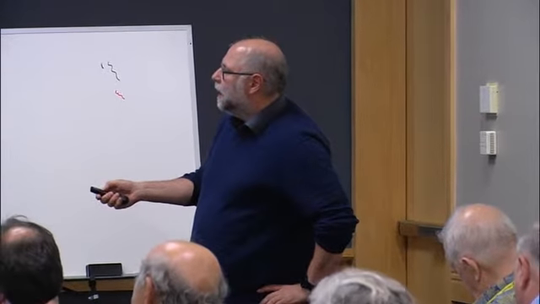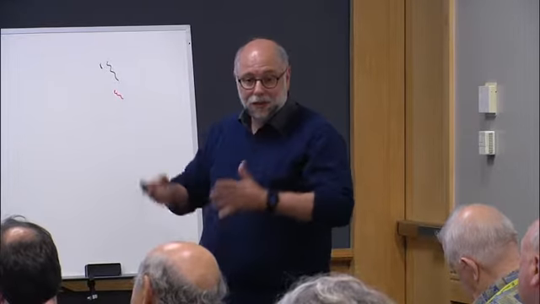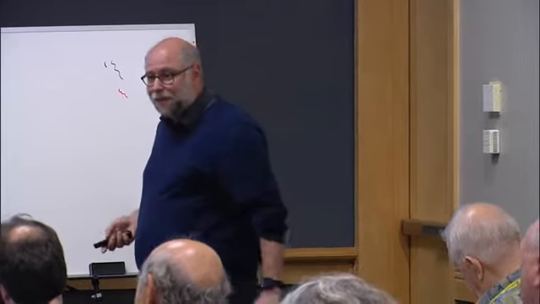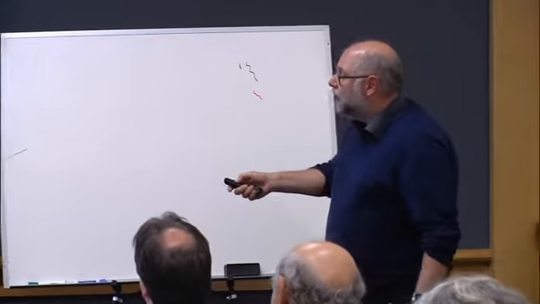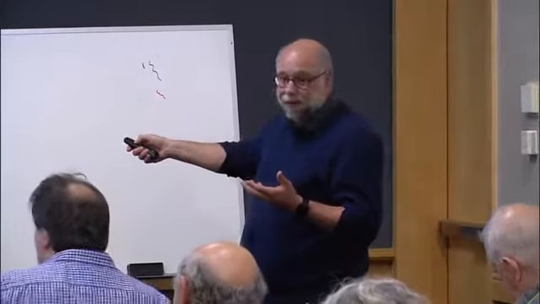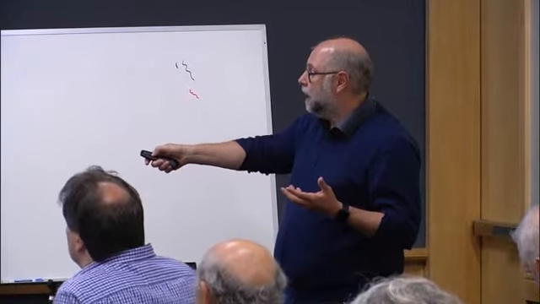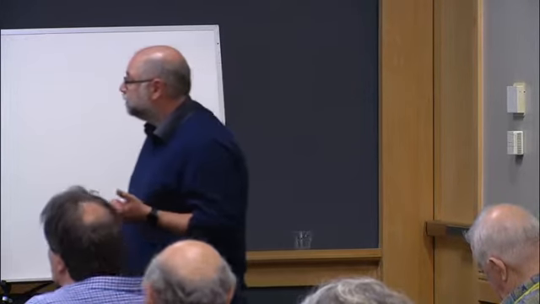We have this rho A, and what Alice does in the first step, and again this is instantaneous, so I'm telling it as a story, but it really happens instantaneously, is she first teleports this rho A system to Bob, who somehow receives on his end of the EPR pairs a scrambled version, an encrypted version of the state rho A. And the outcome of the Bell measurements, which will be a bunch now, Alice records.